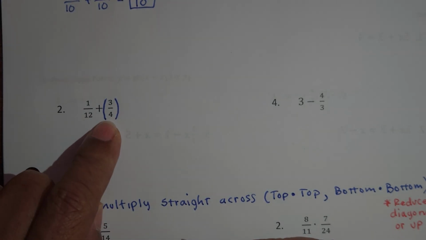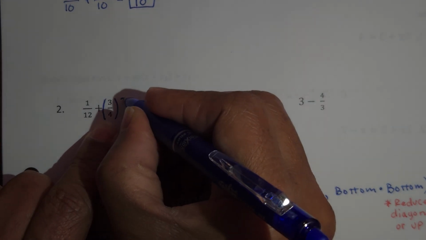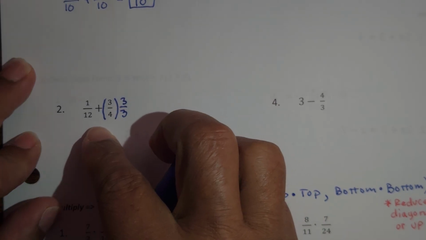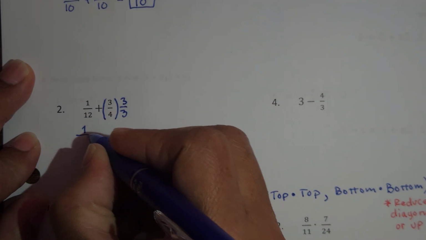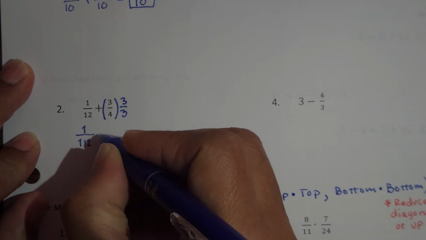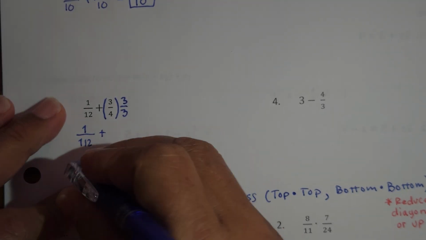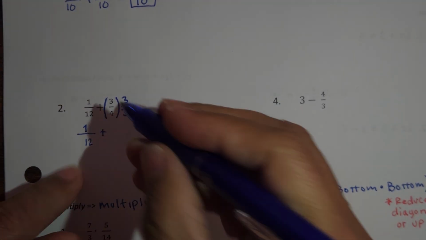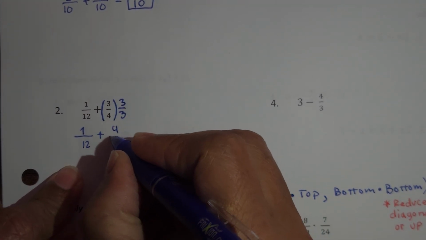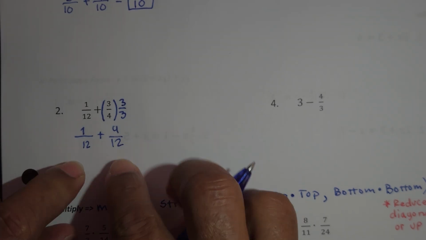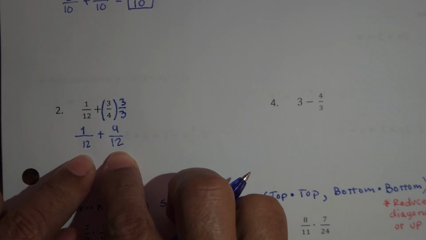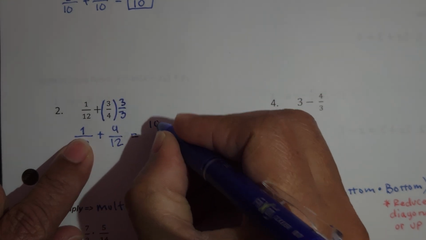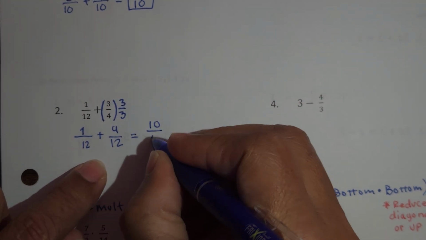So to be able to do that, I have to use the number 1 by writing it as 3 over 3, because when I multiply 3 times 4, that gives me a 12. So then the first fraction stays the same, 1 over 12 plus, and then 3 times 3, that's a 9, and 4 times 3, that's a 12, and this is what we wanted. We have the same denominator. So then add the numerators. So 1 plus 9 gives us a 10, and then 10 over 12.